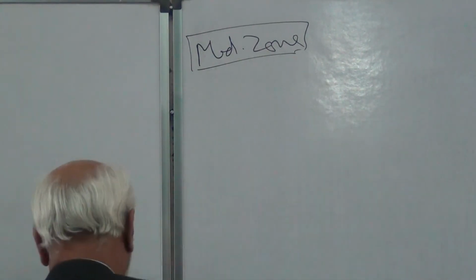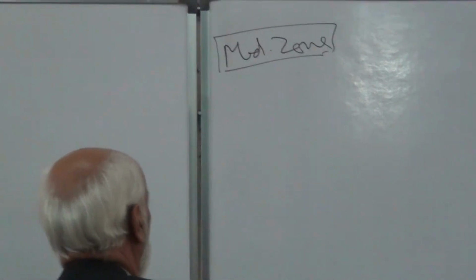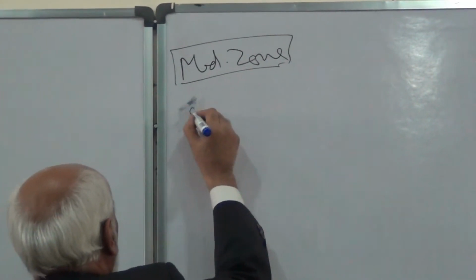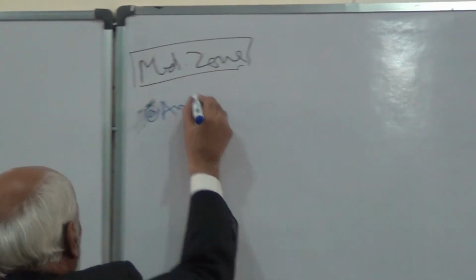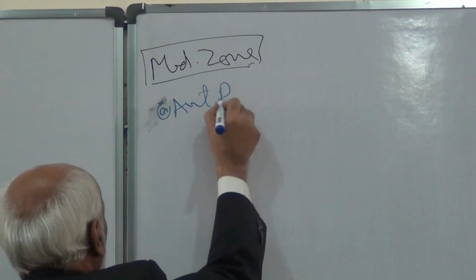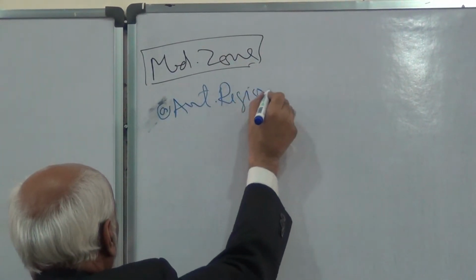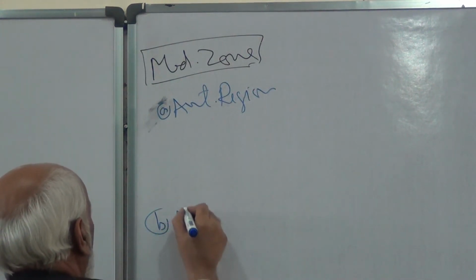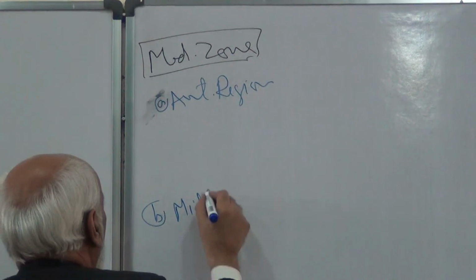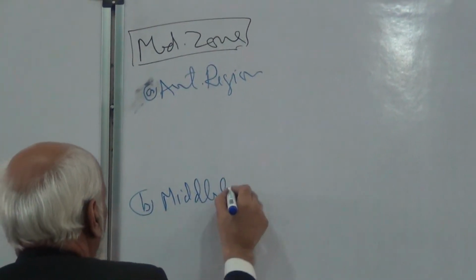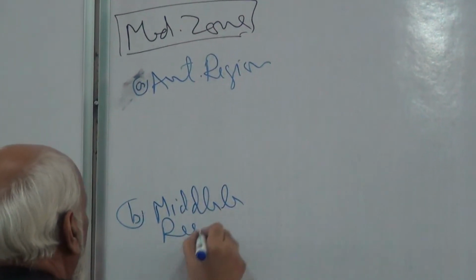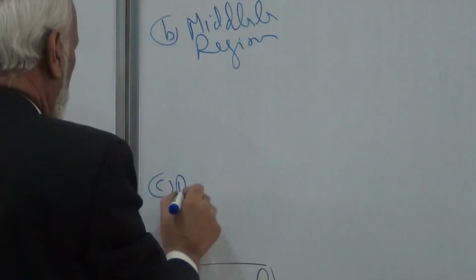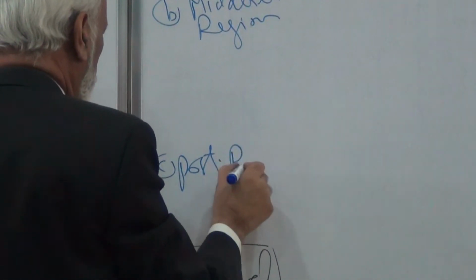The medial zone further divided into anterior region, then middle region, and posterior region.